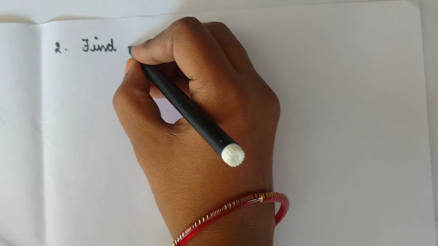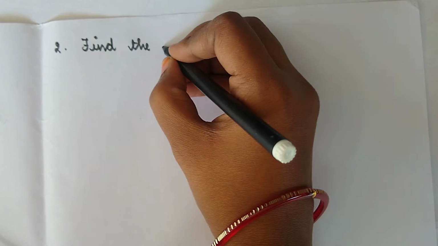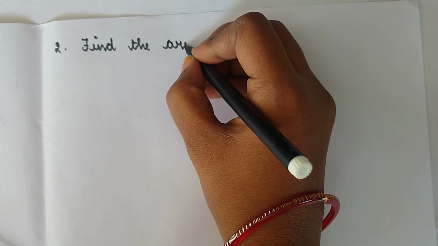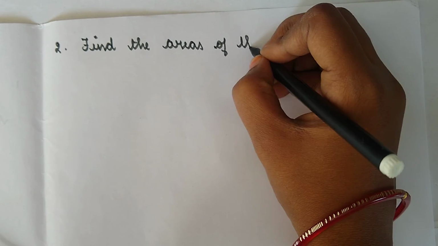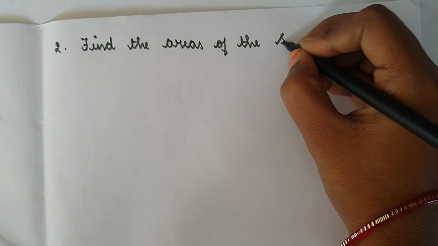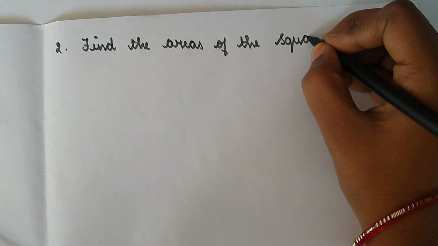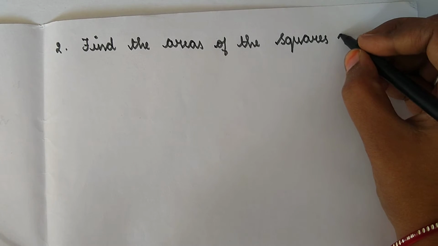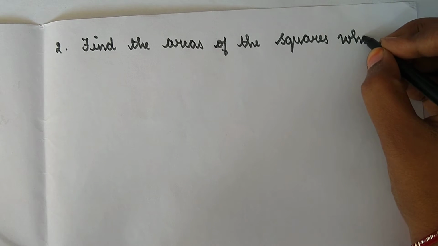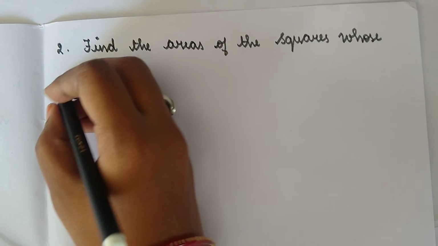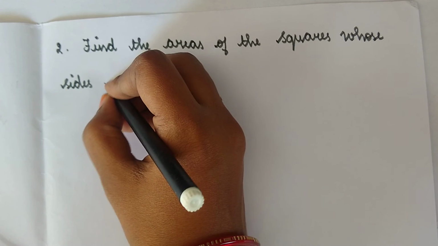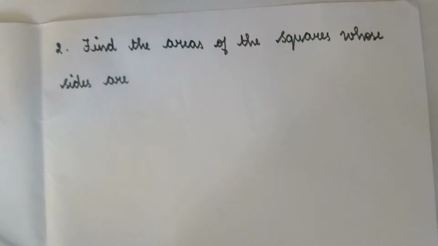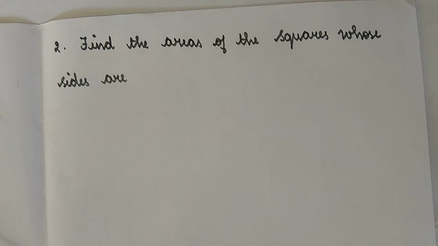Find the areas of the square whose sides are, let me take the first subdivision.